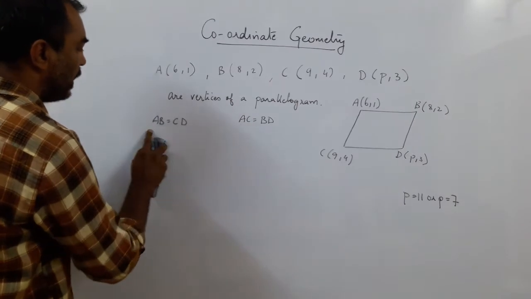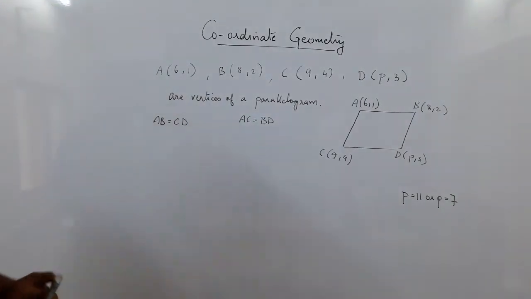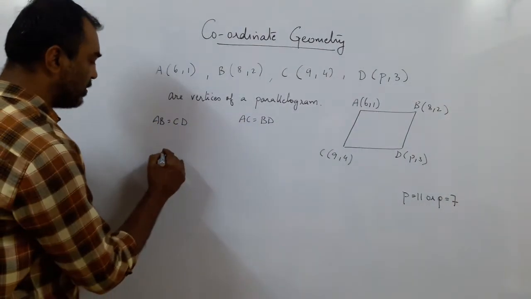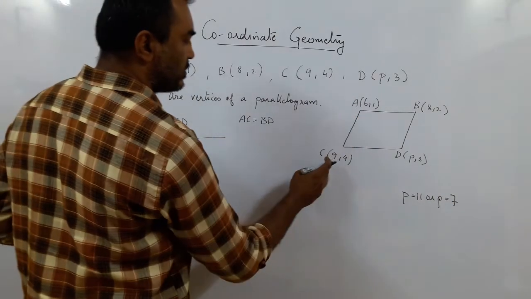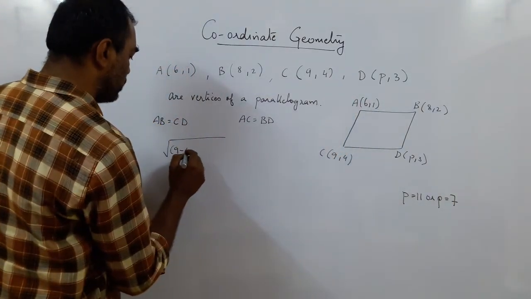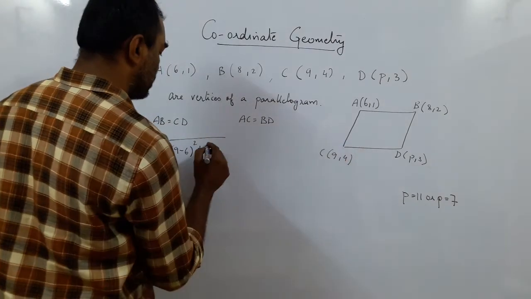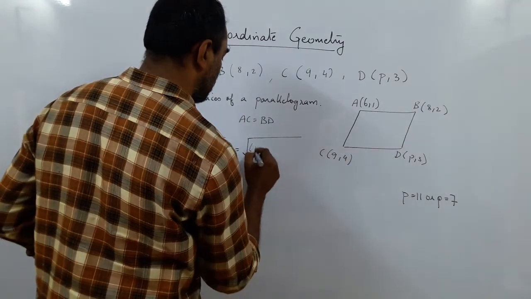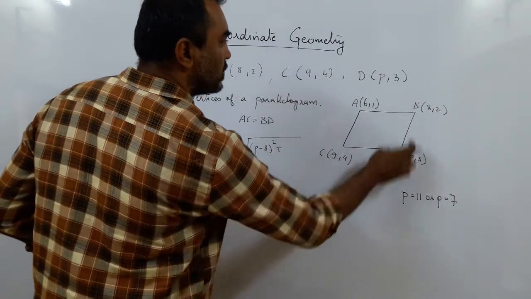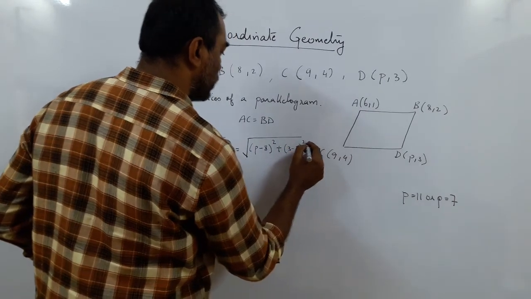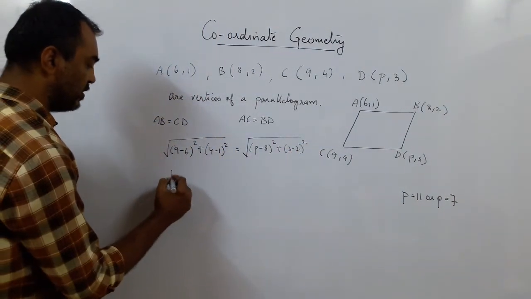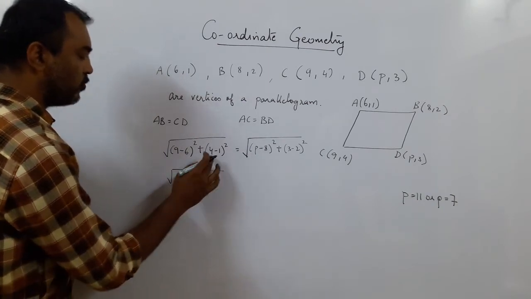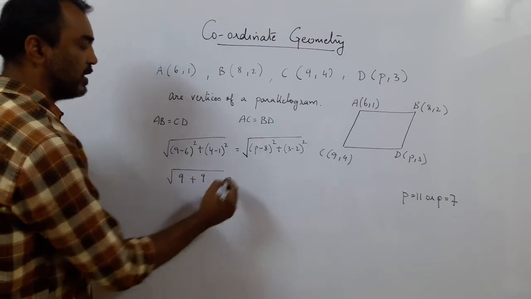So when I take AB equal to CD, I got P equal to 11 or P equal to 7. Now I'm going to take AC equal to BD. So what is AC? AC is 9 minus 6 the whole square plus 4 minus 1 the whole square equal to P minus 8 the whole square plus 3 minus 2 the whole square. 9 minus 6 is 3, so 3 square is 9. 4 minus 1 is 3, 3 square is 9.